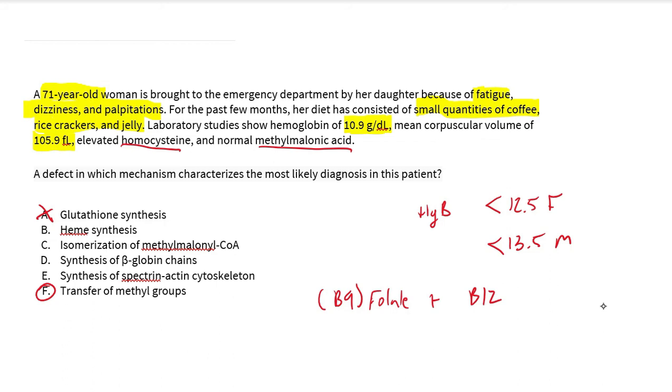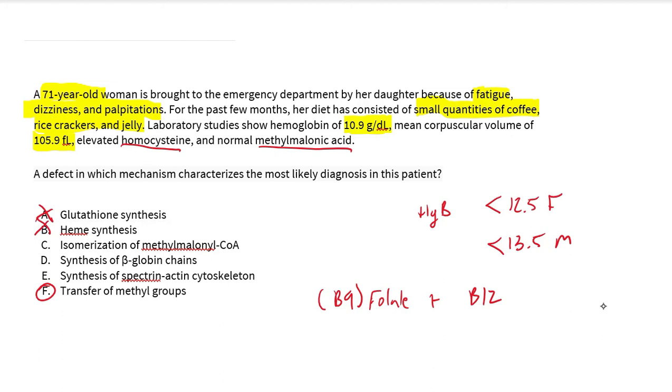The synthesis of heme requires the addition of iron, and in the final step protoporphyrin is converted into heme via the enzyme ferrochelatase. However, this is incorrect because iron deficiency is a microcytic anemia, and we have a macrocytic anemia here.